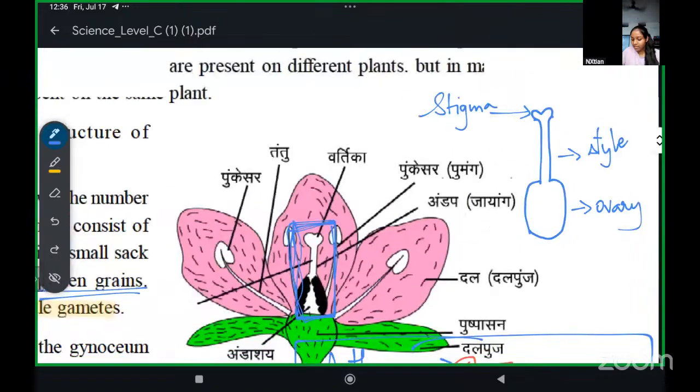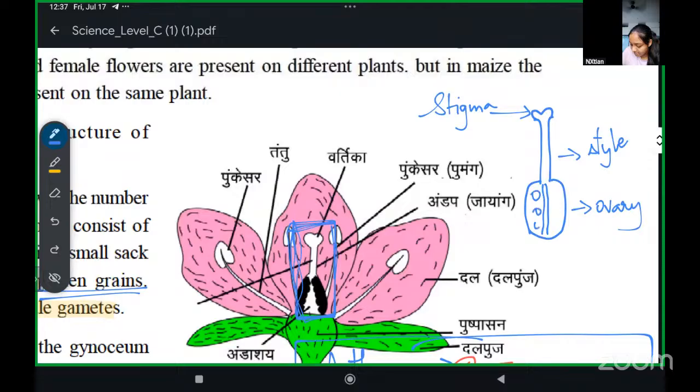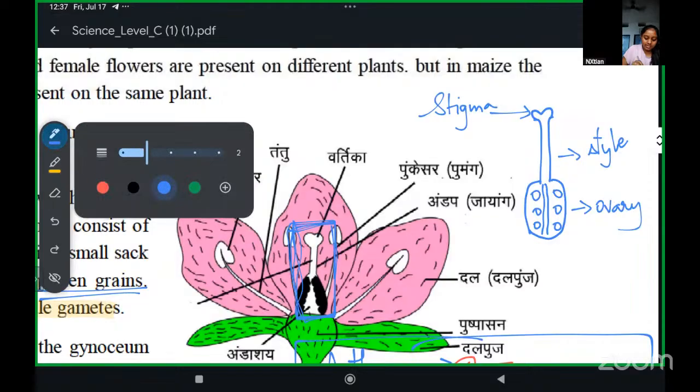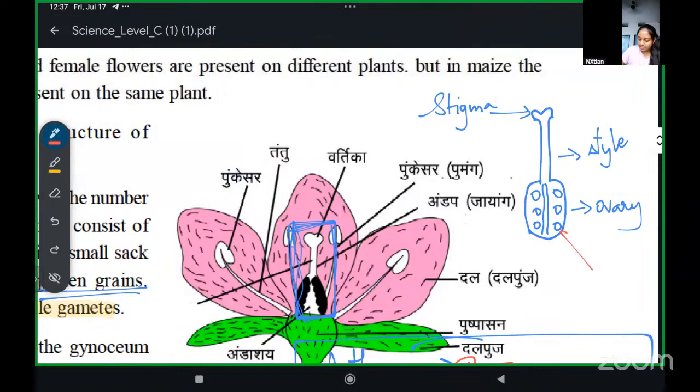Inside the ovary, there are small seed-like things called ovules. Ovules are present in the ovary. These are the female eggs.